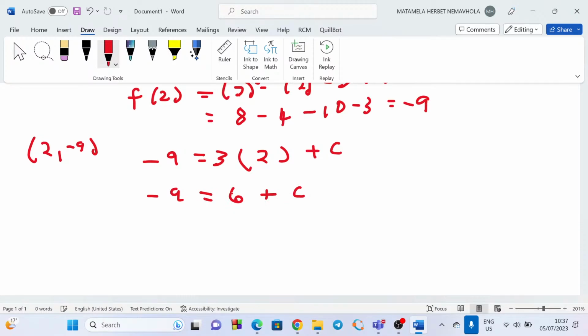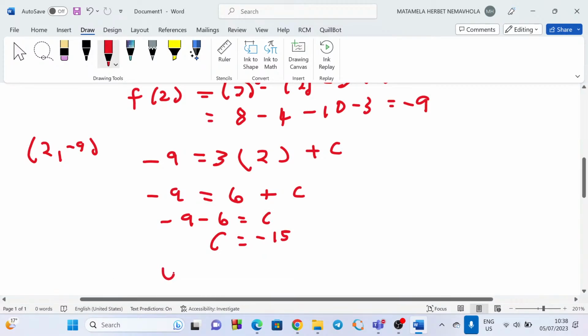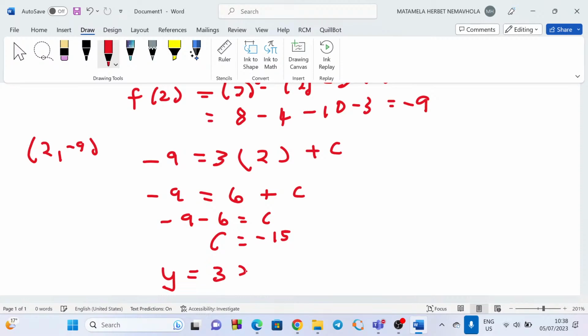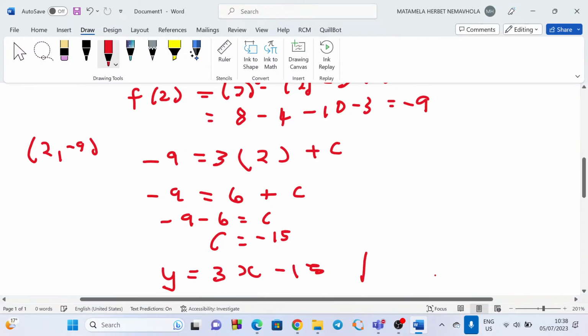When we take this 6 to the other side, minus 9 minus 6 equals c. Therefore c is equal to minus 15. So the equation for the tangent is y equals 3x minus 15.